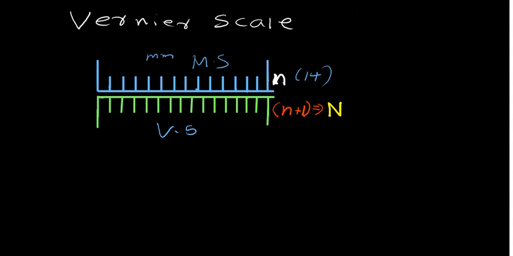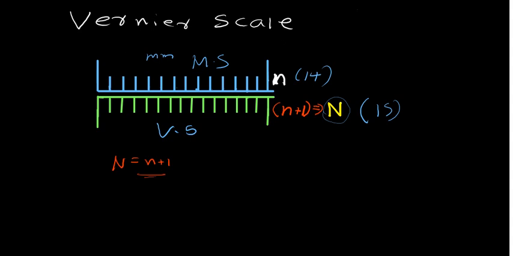The Vernier scale should have one more, that means n plus 1, so I can mark it as capital N. So it is going to be 15 for this example only. So I can write this as N = n + 1, one of the mathematical assumptions we can arrive at.